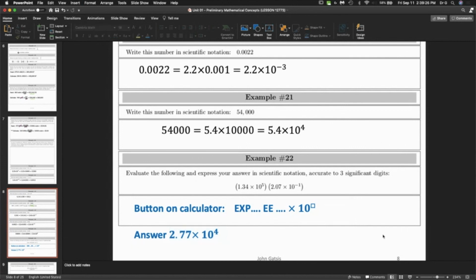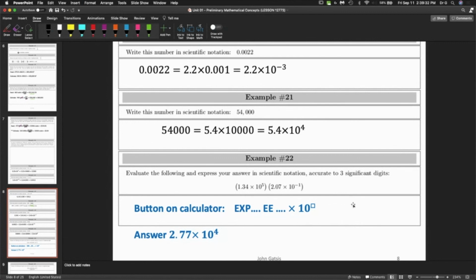You've lost some accuracy, but the question says 3 significant digits, so that's why I have 3 digits over here. You've got to keep it consistent.